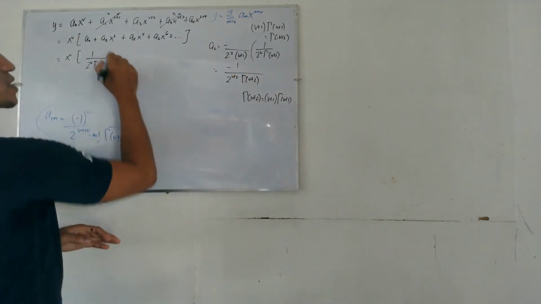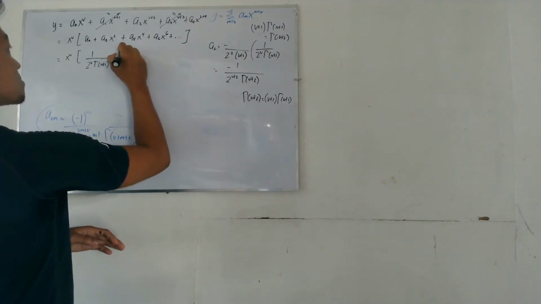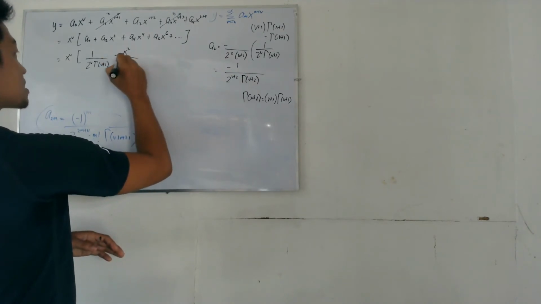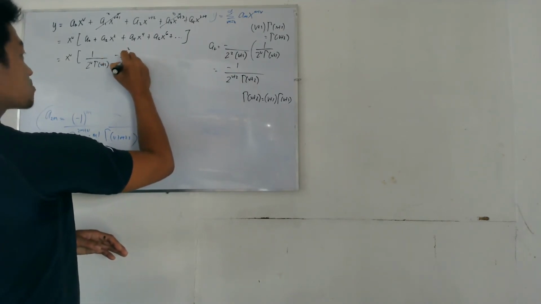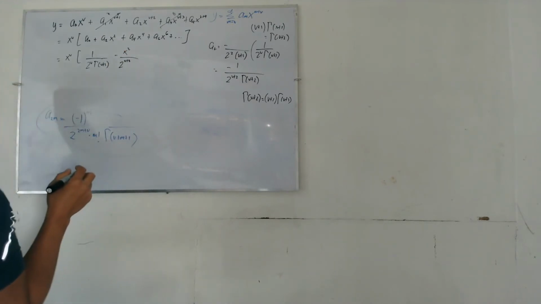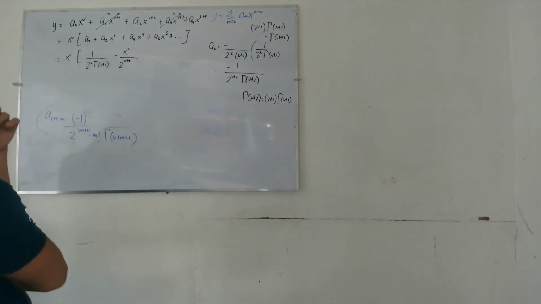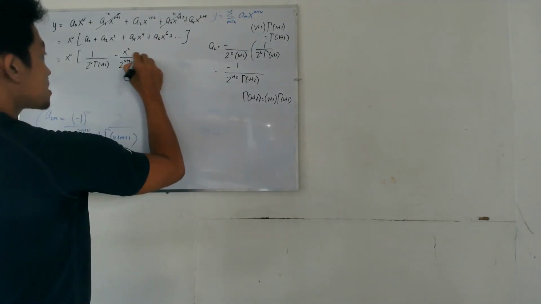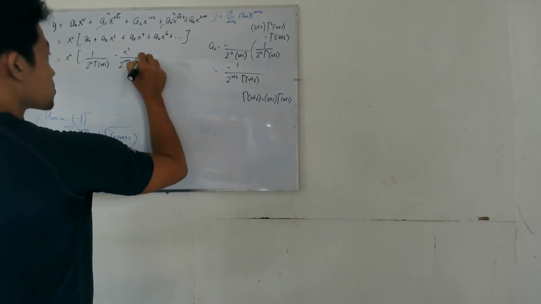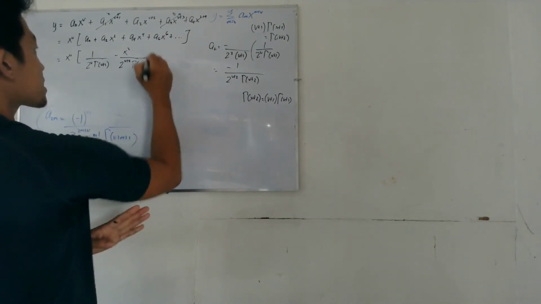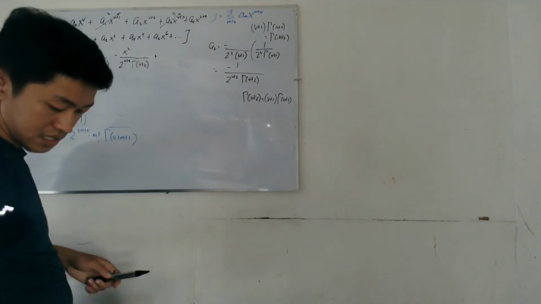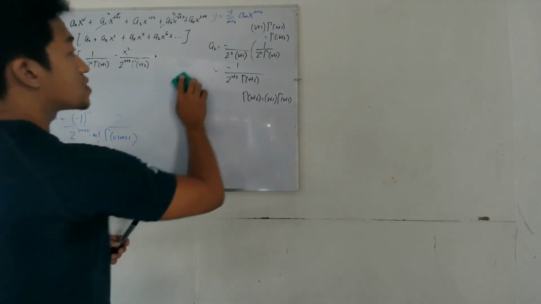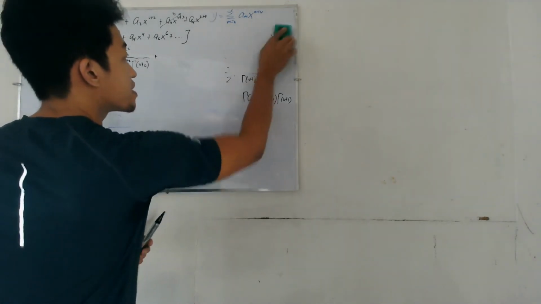So you have again negative x squared over 2^(b+2) gamma b plus 2. Okay? Plus a4. Saan ang value sa a4?